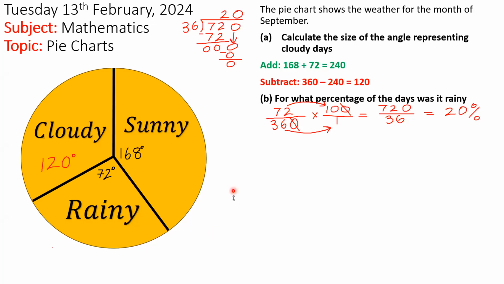You cross out 1 zero in 360 and 1 zero in 100. And you multiply, which gives you 720 over 36. You then divide 36 into 720, which gives us 20%.